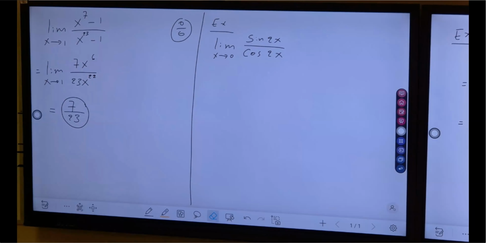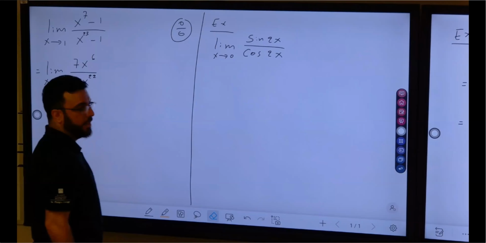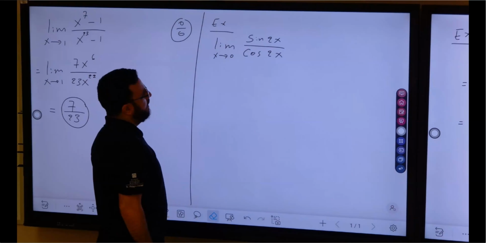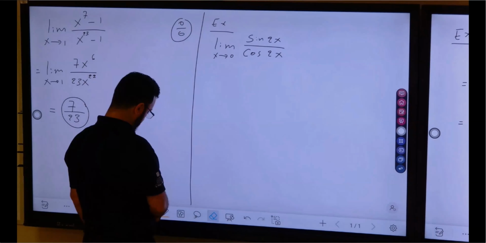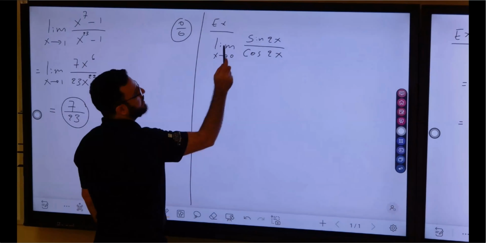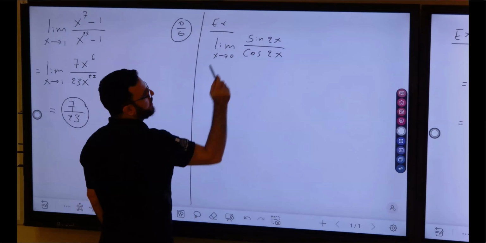What about this one? How are you gonna find the limit? You plug in 0 here. What's sine of 0?